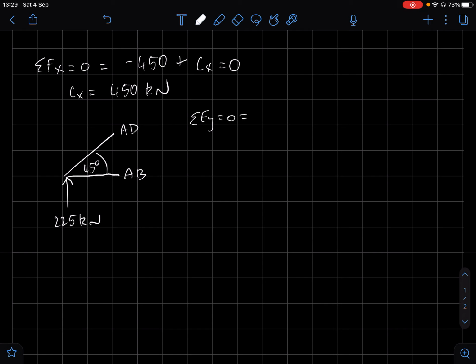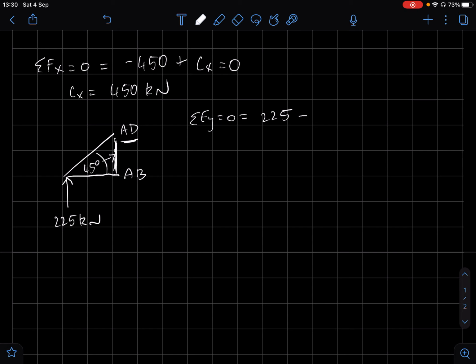So we have our positive AY force, 225, and I'm going to assume negative, and it can only come from the vertical component of AD, right? And what's that going to be? What's our vertical component? It's going to be this value here, right? And that's going to be the sine.